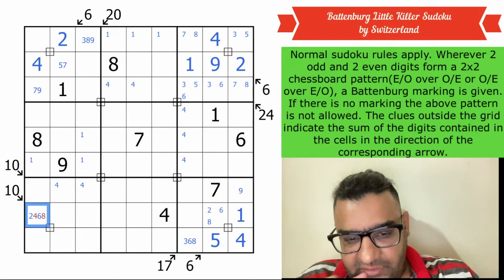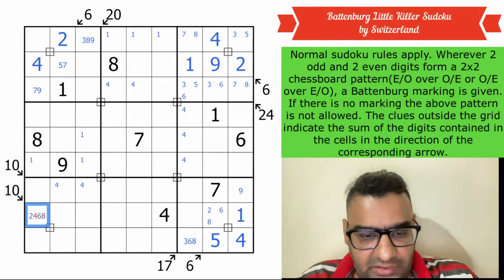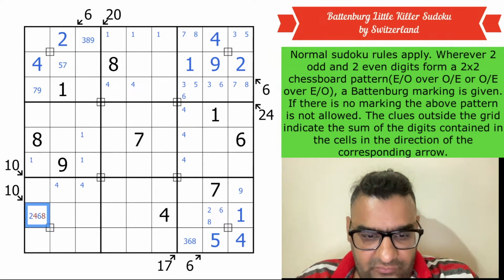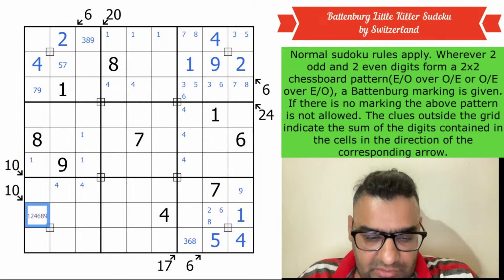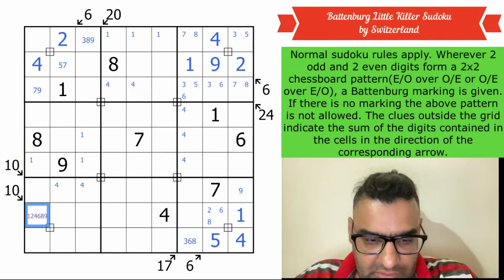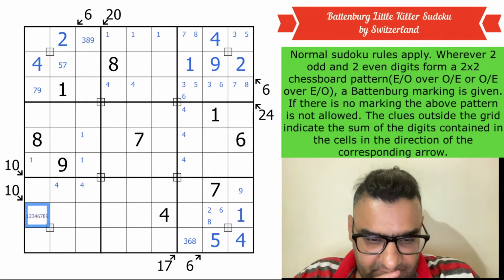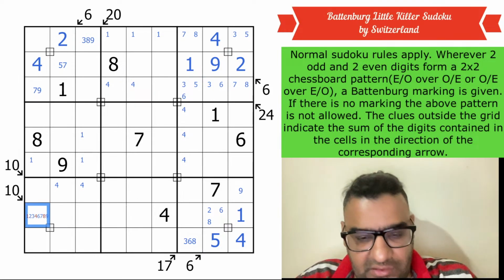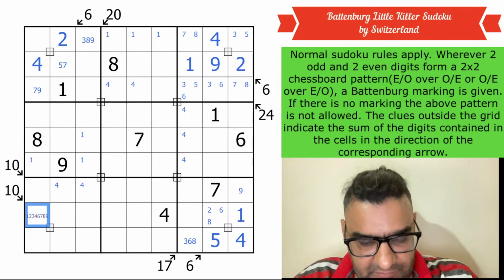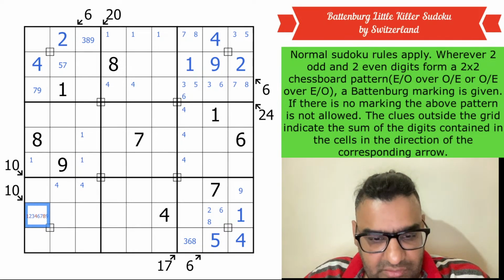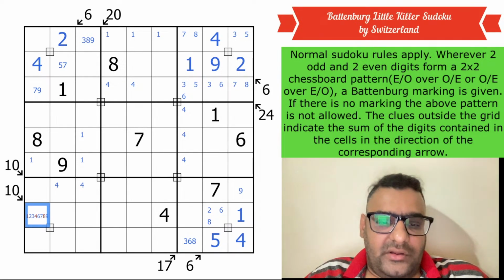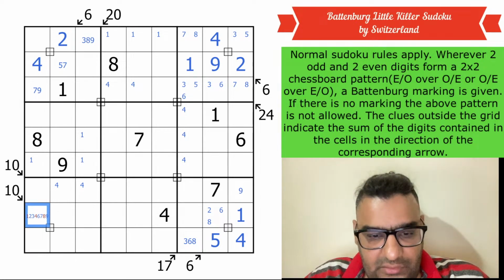It cannot have a 5 and 5, but it can have 1 and 9. It can also already have 2 and 4. It can have 3 and 7. It cannot have a 5, and these two numbers cannot have a 5 and can have any other number.